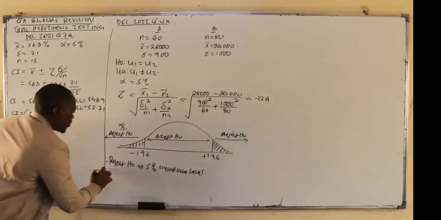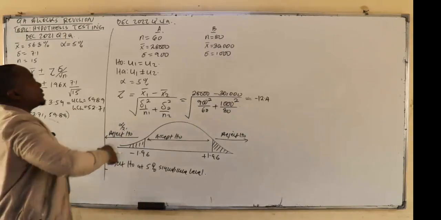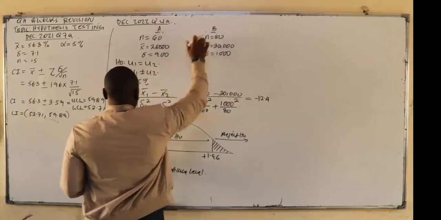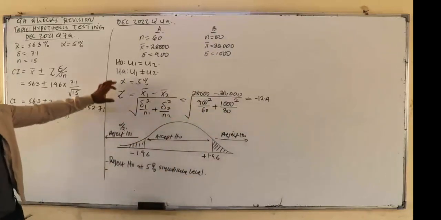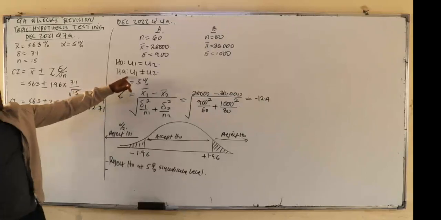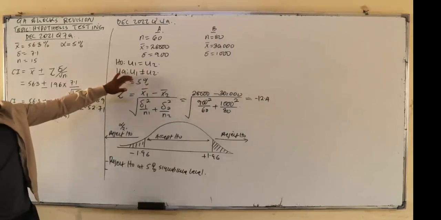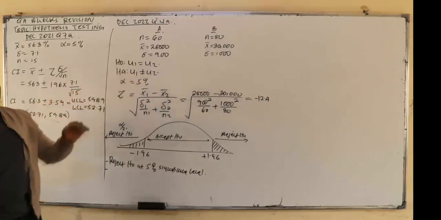But this is how we need to comment. You see, in this case, we are conducting the test on whether there's a significant difference in the mean life length between machine A and machine B. If we reject the null hypothesis, that means we accept the alternate hypothesis. What does it mean? That means the mean life of machine A and machine B are not equal.